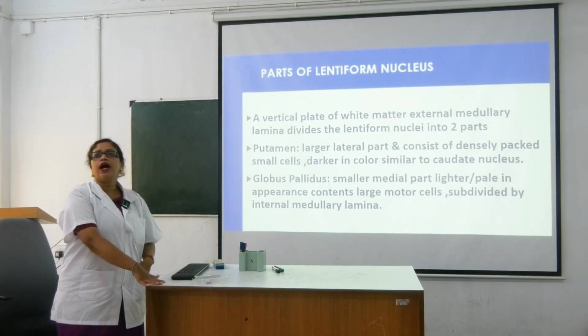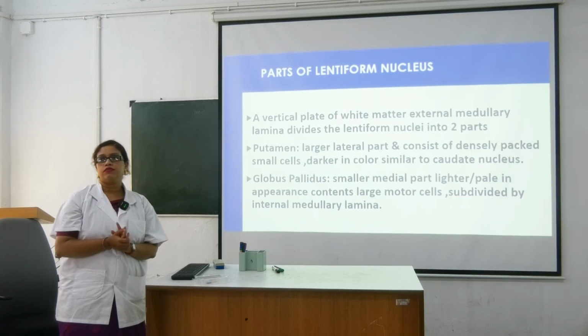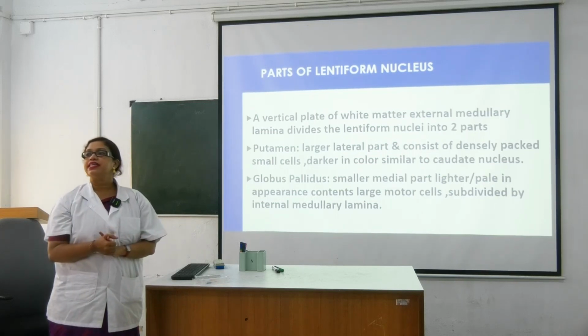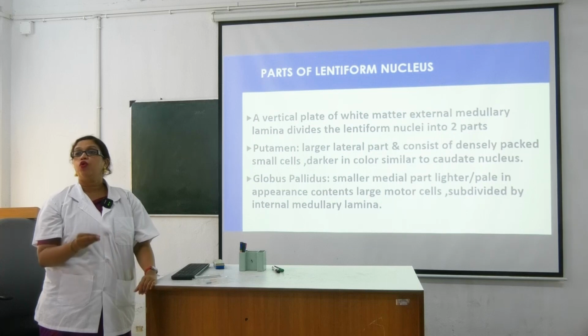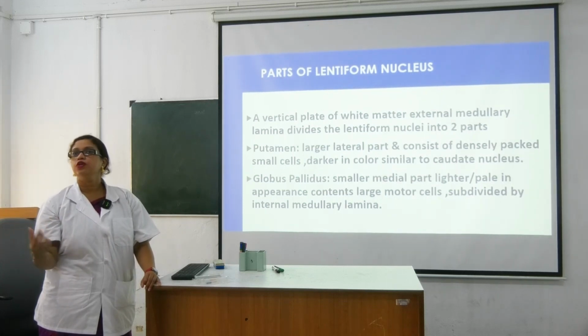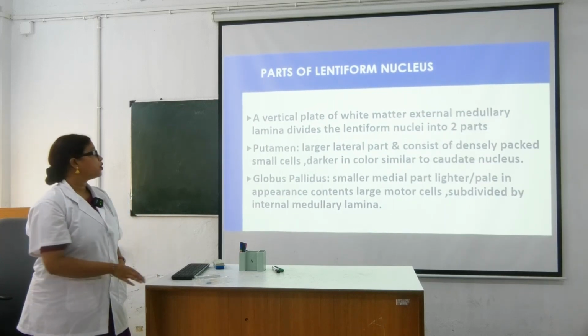So how to identify which is putamen and which is globus pallidus? Putamen would be very densely packed, so it would be darker, whereas pallidum means pale, so that would be the globus pallidus. Okay? So write it down.